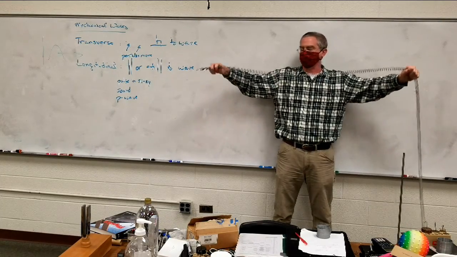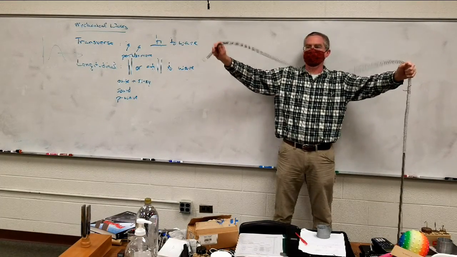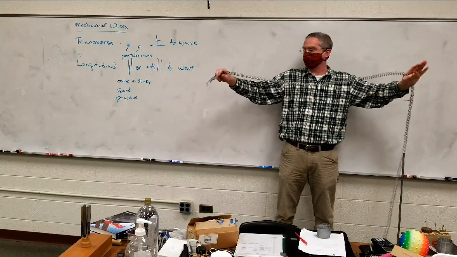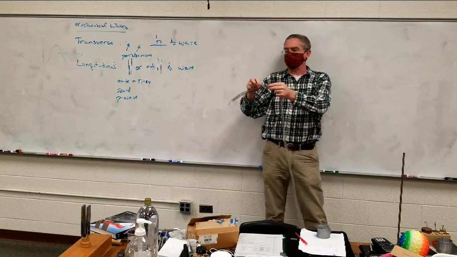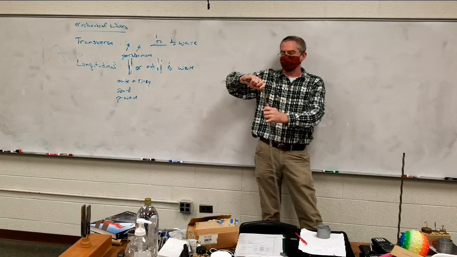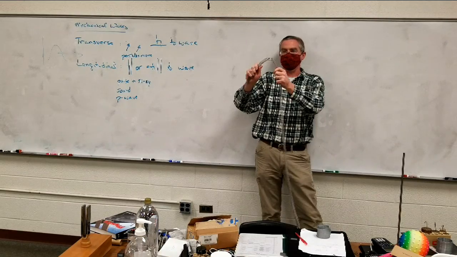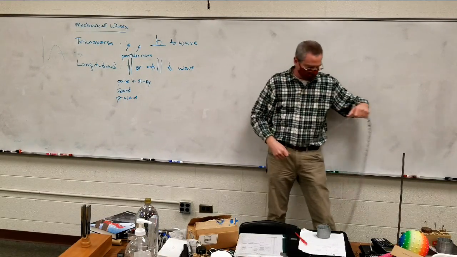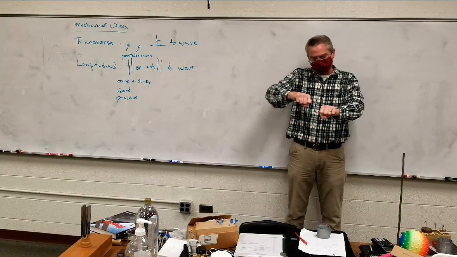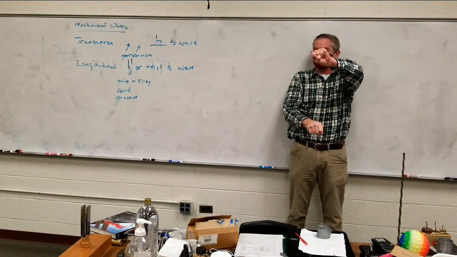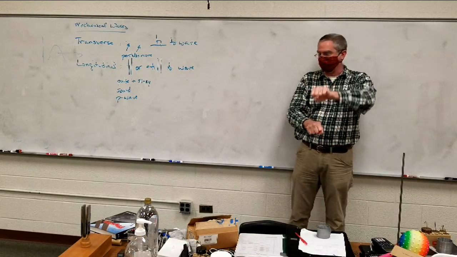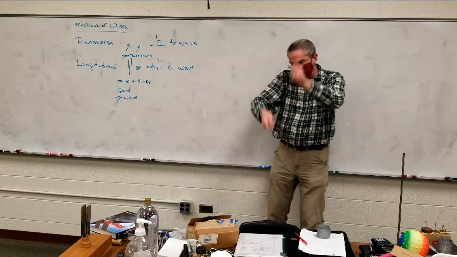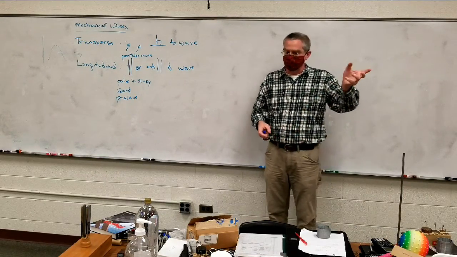Not as easy to see at this short distance, but I'm sending a wave down to the other hand. It's bouncing back and coming back, but the particles themselves are just moving this way. As this particle comes up, it pulls the next particle with it. When this coil comes down, it pulls it back. And so in a transverse wave, we have particles basically pulling on each other, either up or down. If you've been to a gym and dealt with battle ropes, and you're doing this type of maneuver with the battle ropes, those are transverse waves.